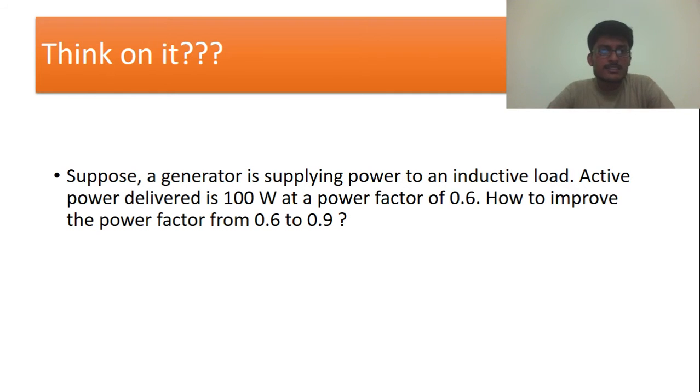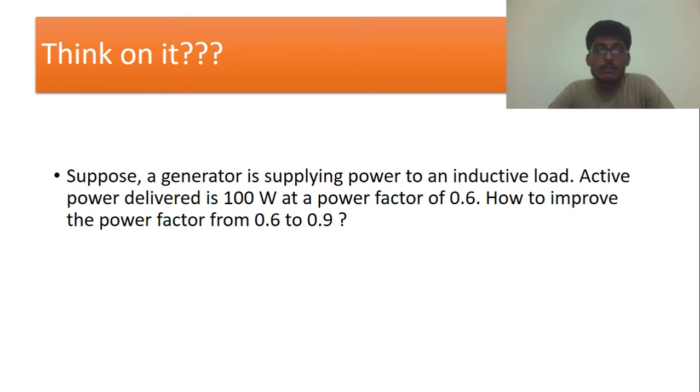So here is a little problem for you. Just think on it: if the generator is supplying an inductive load and the active power is 100 watts and the power factor is 0.6, mind it, since it is an inductive load, the power factor is 0.6 lagging.